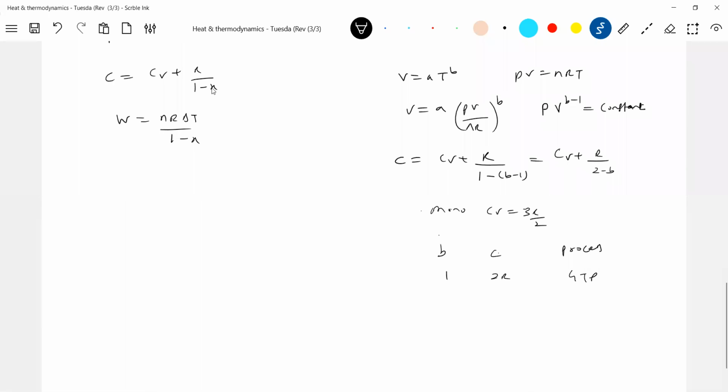Okay, let me analyze here. b equal to minus 1: 3R by 2 plus R by 3. So it will be 1 minus of 1 minus b.